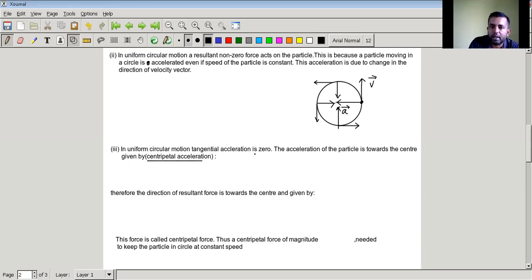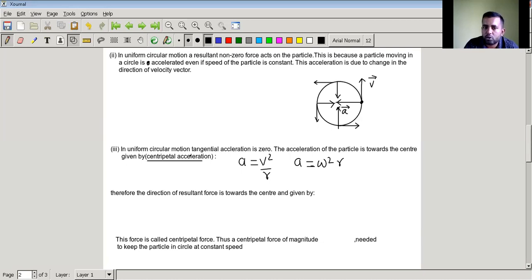Okay, and this acceleration is given by v square by r, or you can also write a equal to omega square r using v equal to r omega. So this is centripetal acceleration. It is always directed towards the center. Fine.